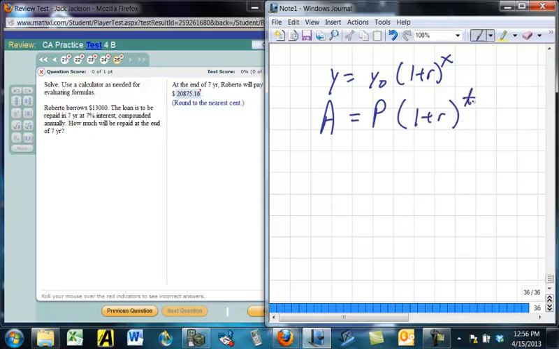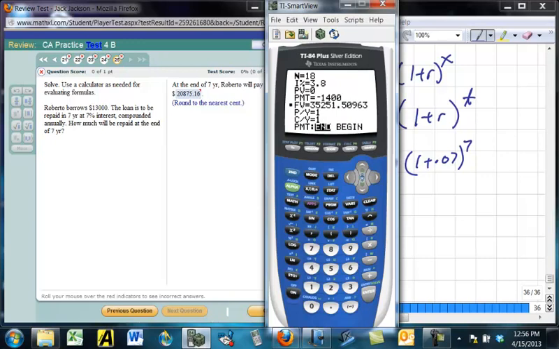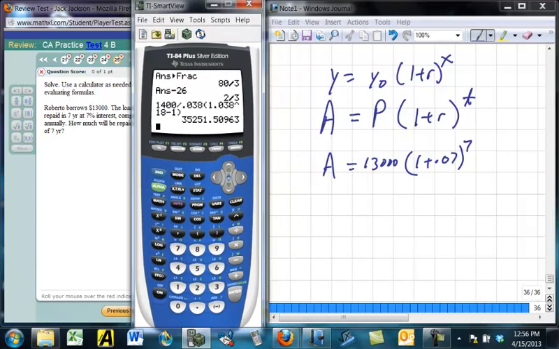But we've got to do this, it's compounded annually, so time is in years and the rate's per year. The rate is 0.07. The number of years is 7. The principal is 13,000, and then that will give you our amount. $13,000 times 1 plus 0.07 to the power 7.